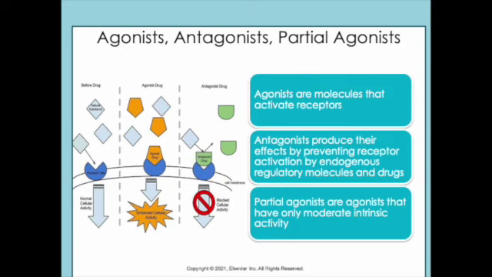It's important that we understand that the response to an antagonist is determined by how much agonist is actually present, because antagonists act by preventing receptor activation. So if there's no agonist present and we administer an antagonist, there's not going to be any observable effect. The drug will bind to the receptor, but we are not going to see anything happen.